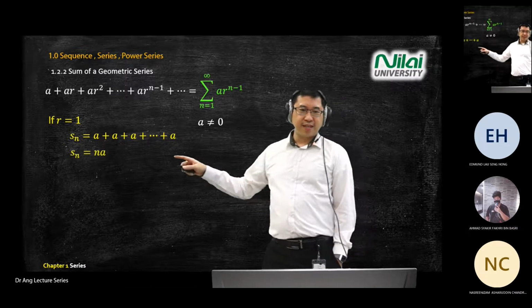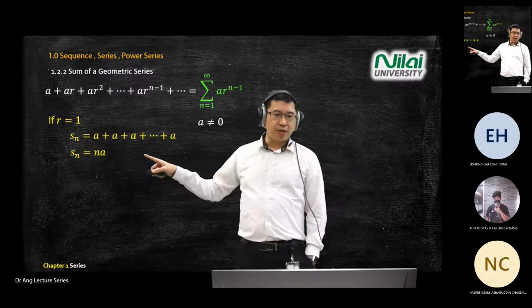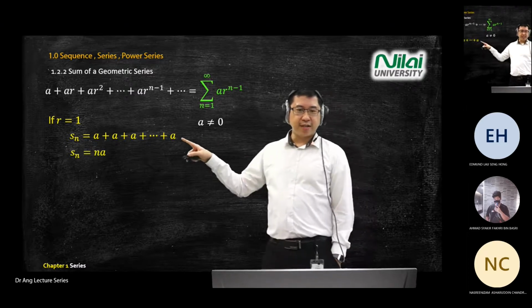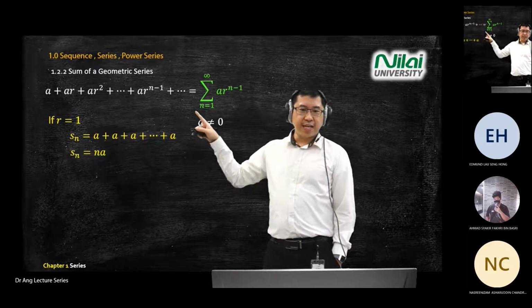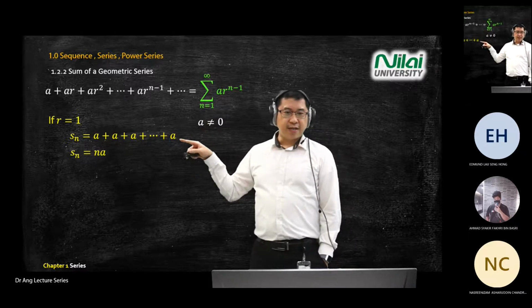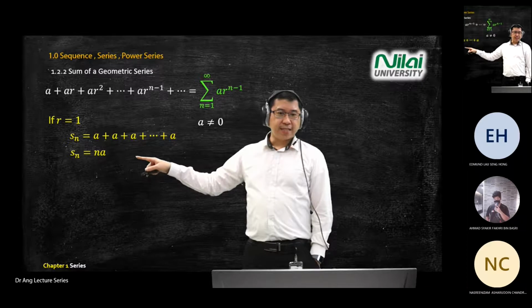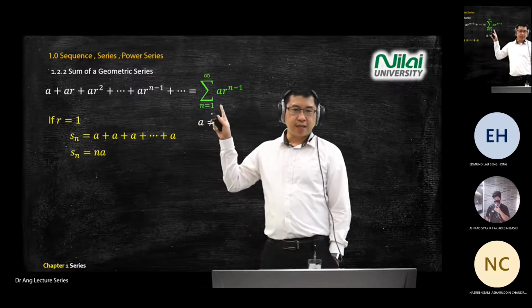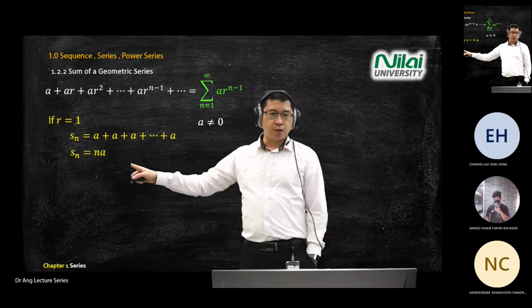It will be S equal to NA. Do you agree? Because the A depends on how many n you calculate. So you can write Sn, the sum of all the numbers in this pattern, equal to An.